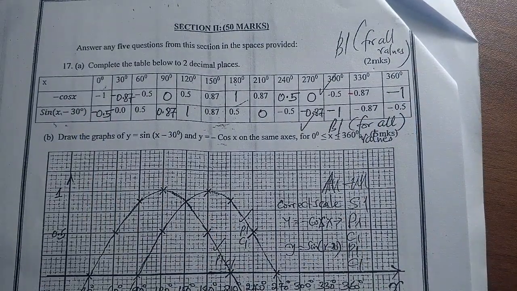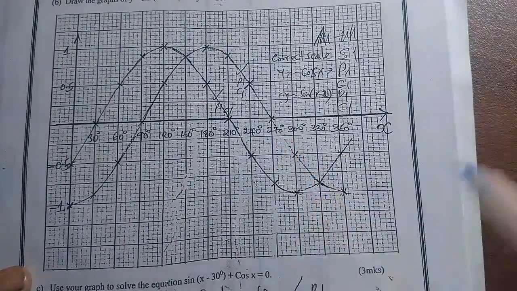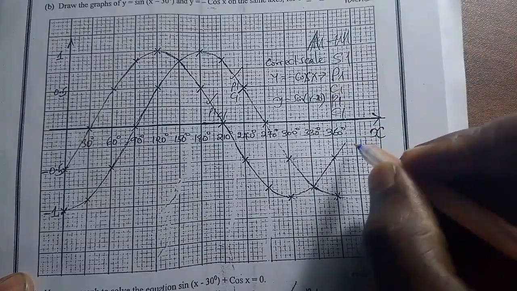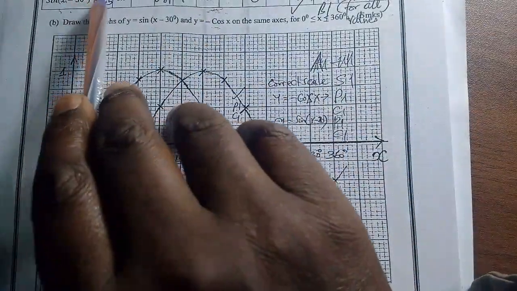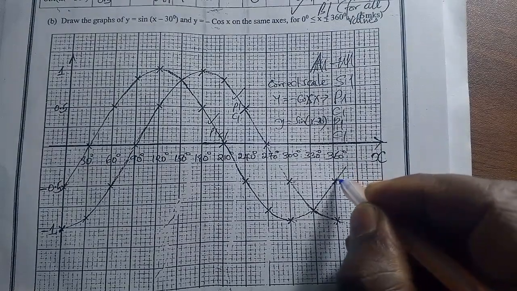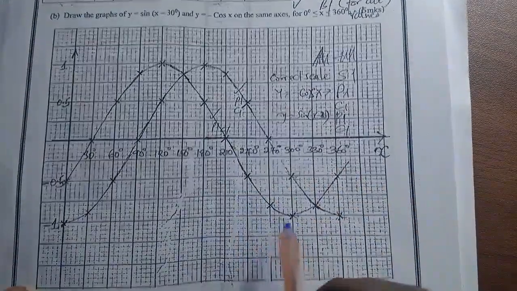After that, plot your graph. Remember to write it. If this is the graph for sine, for example, this graph here, remember to write what this graph is for. That is what we call labeling.